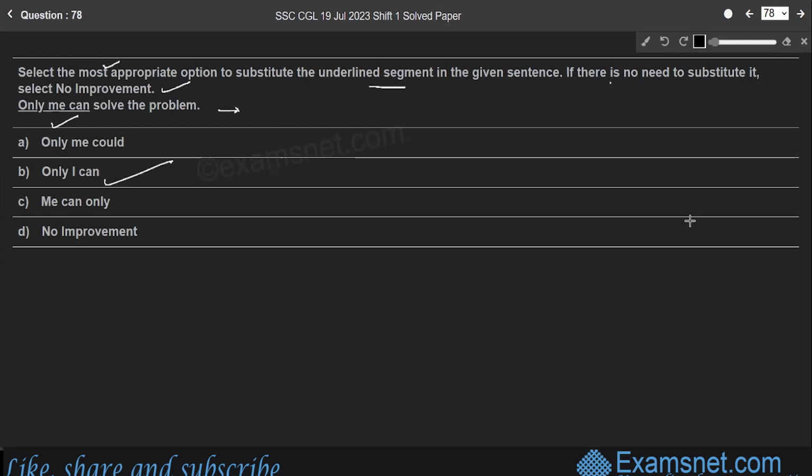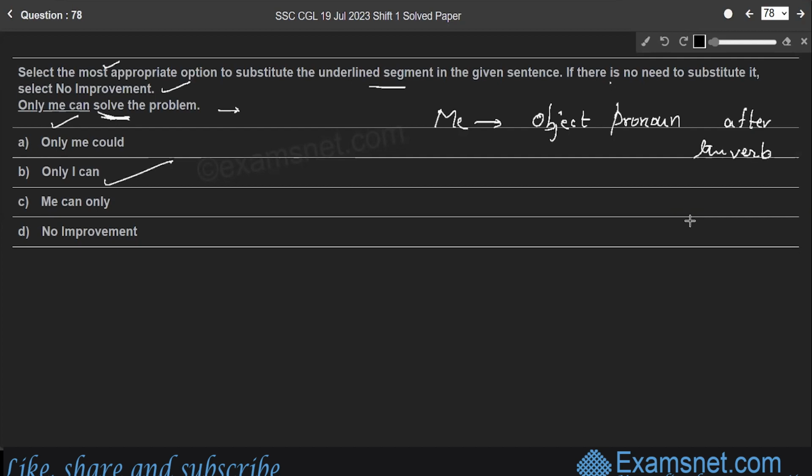Here, me is an object pronoun. Generally, an object pronoun comes after the verb. Here the verb is solve, so generally me comes after the verb.